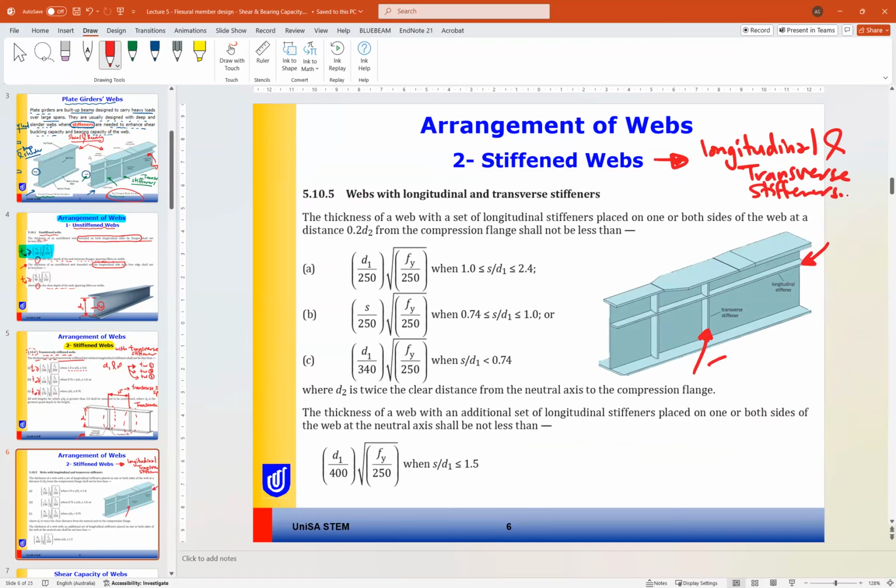So this is transverse and this is longitudinal. In this case, the thickness of the web with a set of longitudinal stiffeners placed on one or both sides of the web at a distance of 0.2 d2 from the compression flange shall be not less than these values.